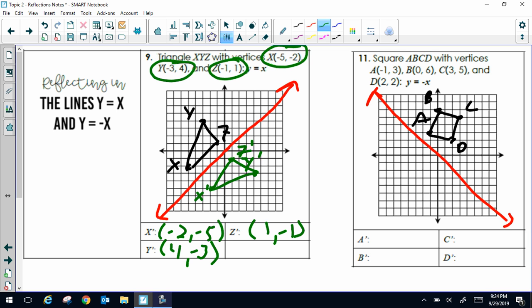And this time they want you to switch them around and change their signs. So A prime, when I switch them, would be at (3, -1), but then switch their signs, and you're at (-3, 1). Right here. B prime would be at (-6, 0).